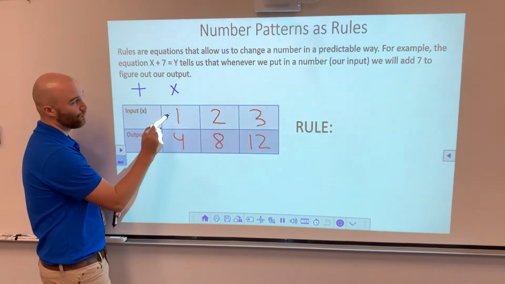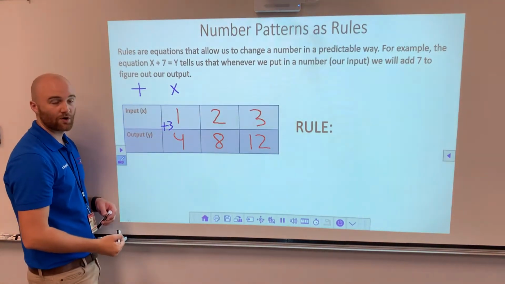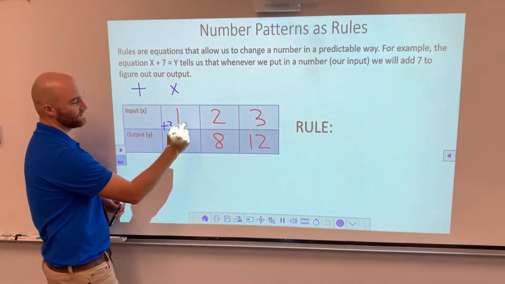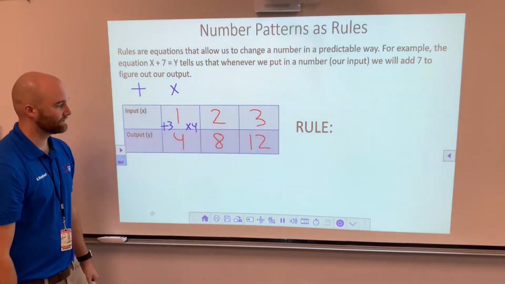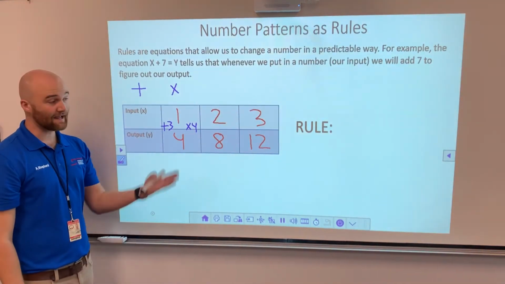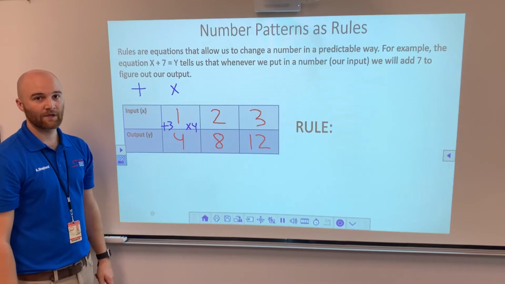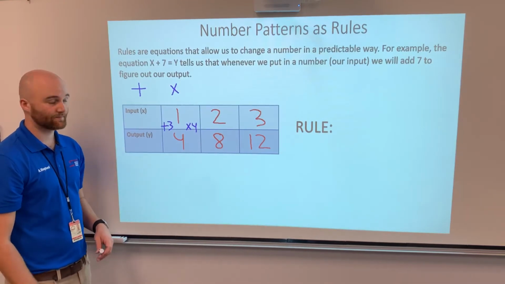It's either 1 plus 3 gives us 4, or it's 1 times 4 gives us 4. How do you think I can figure out which one of these it is? Because it can't be both of those for my rule. Pause the video and see if you can figure it out. When you're done, come back and I'll show you.